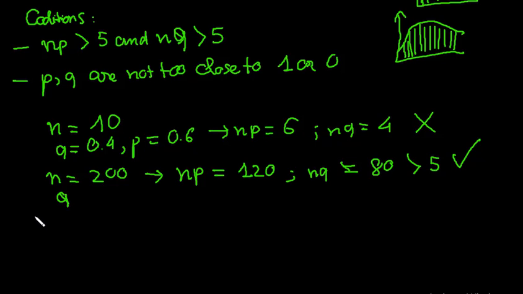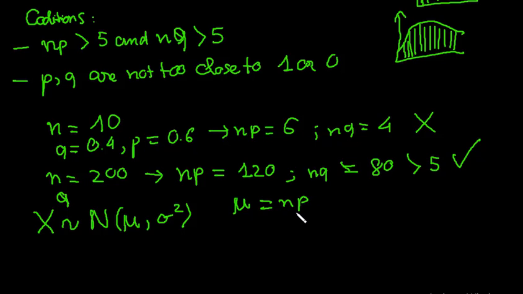We know that the normal distribution can be represented in this form. Normal distribution, here is the mean, and here is the variance. For this case, how can we find the mean and the variance? The mean will be equal to n multiplied by p, and the variance equal to n multiplied by p multiplied by q.